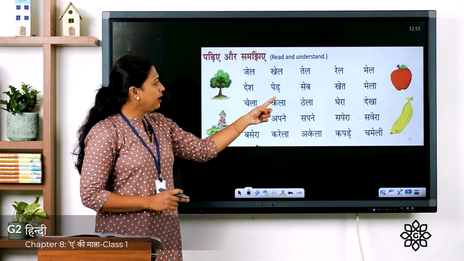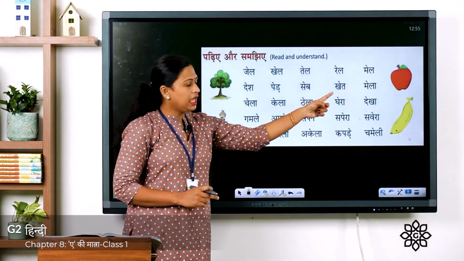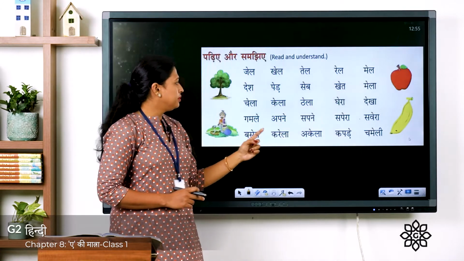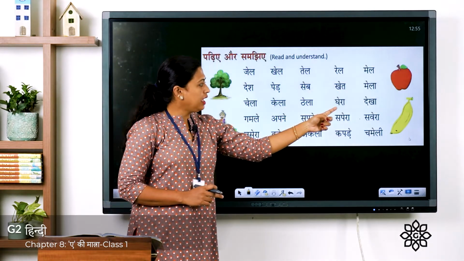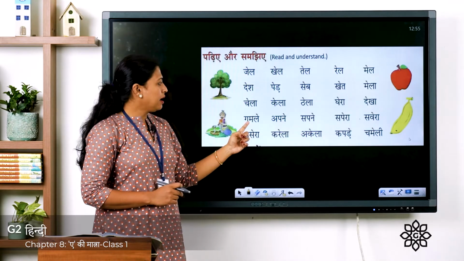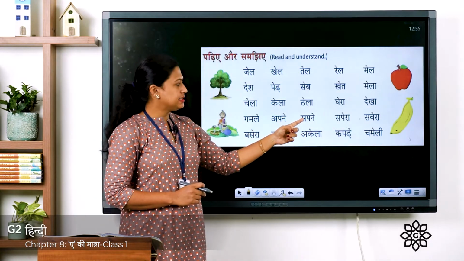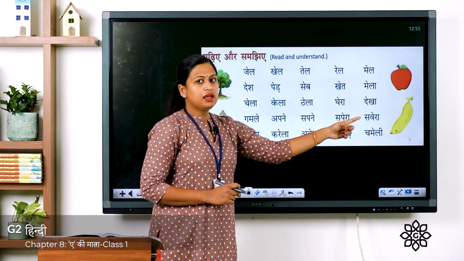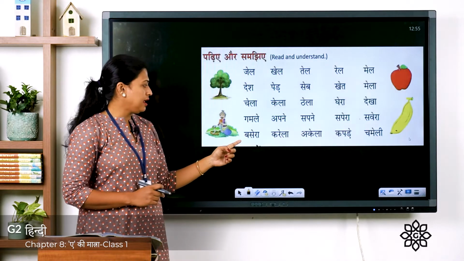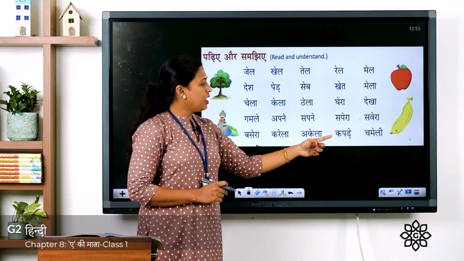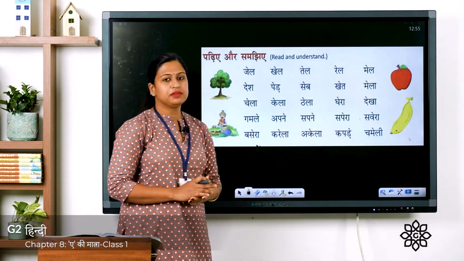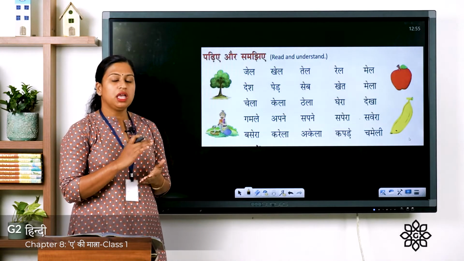Desh, ped, seb, khet, mela. Chela, kela, thela, ghera, dekha, gamle, apne, sapne, sapera, savera. And the last line, basera, kela, akela, kappade, chameli. So these are the words with A ki matra.